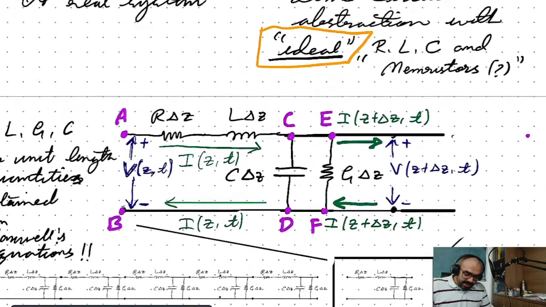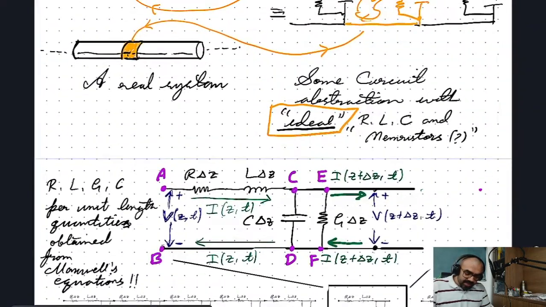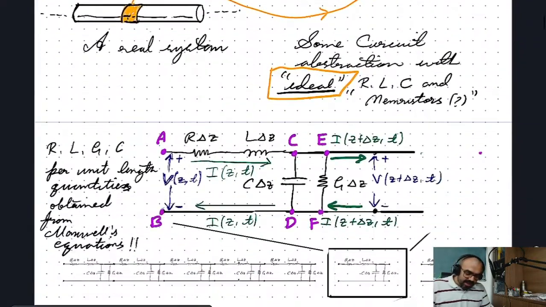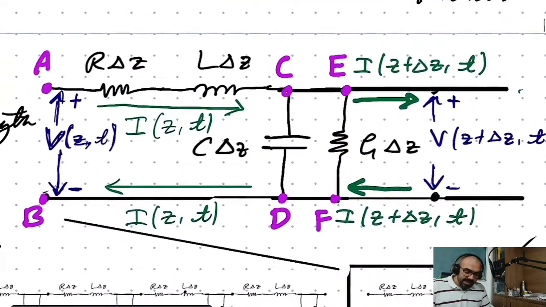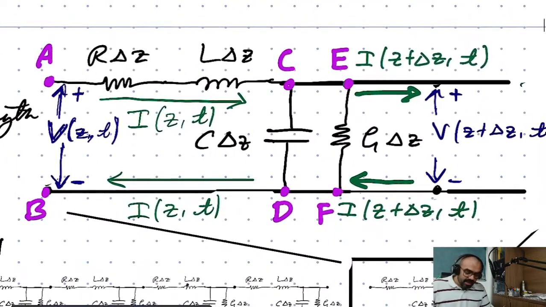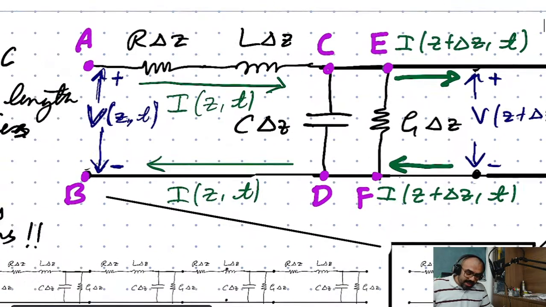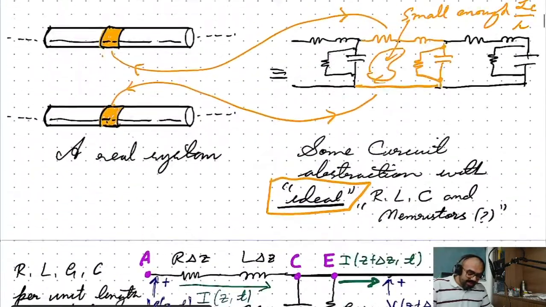Alright, so thus we will take a little portion of this circuit and let us examine that carefully. This little portion of the circuit is located between Z and Z plus delta Z. It is located somewhere in the middle of the transmission line, as seen here.